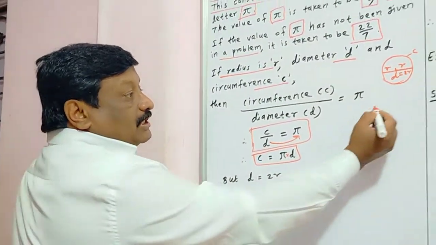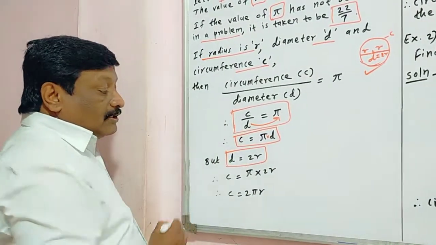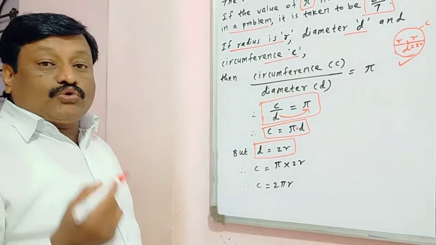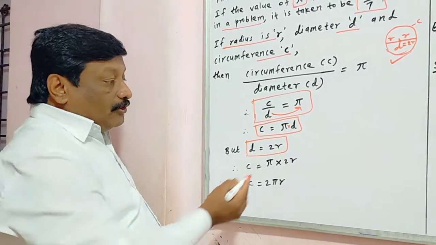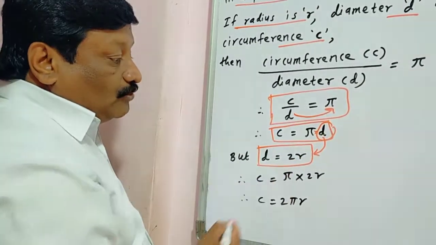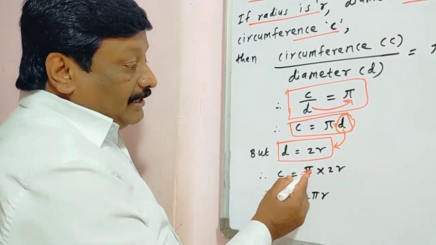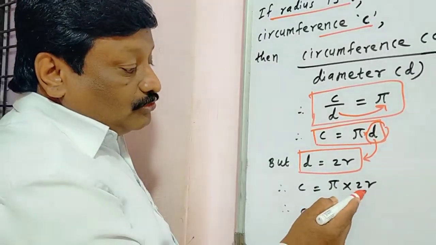So circumference equal to pi into D. But we know, just as I explained here, diameter equal to 2R, that is diameter is twice the radius. Now replacing this diameter by 2R, we get C equal to pi into D, but D is equal to 2R.